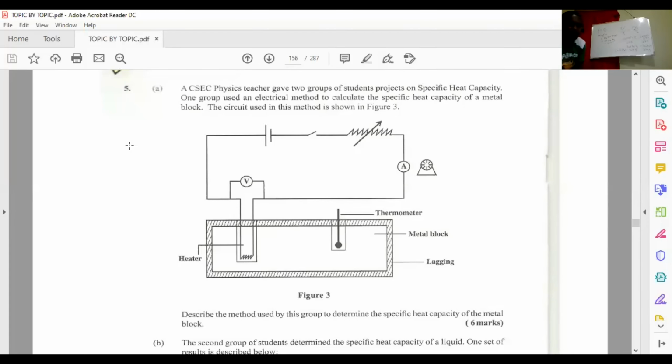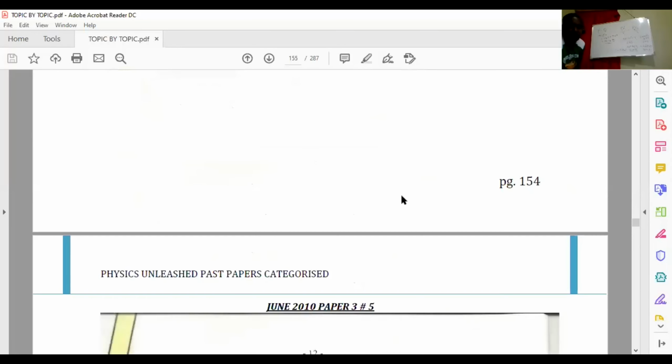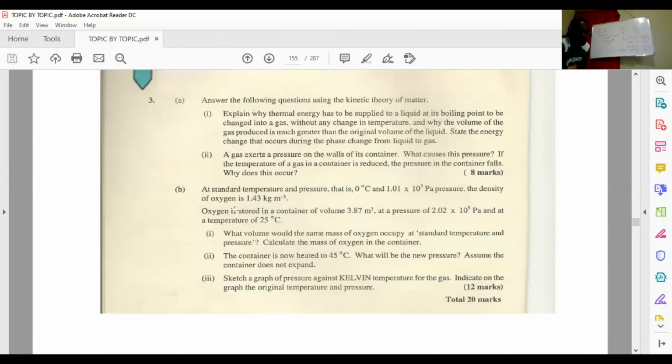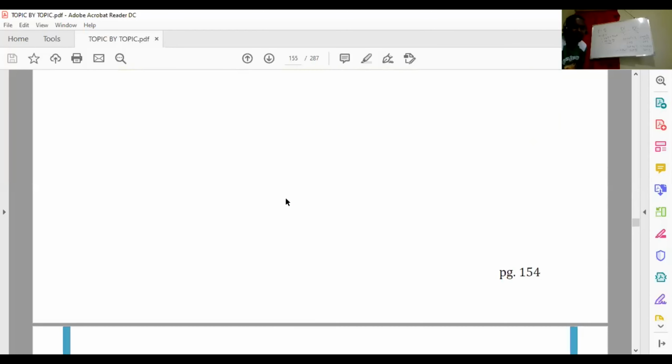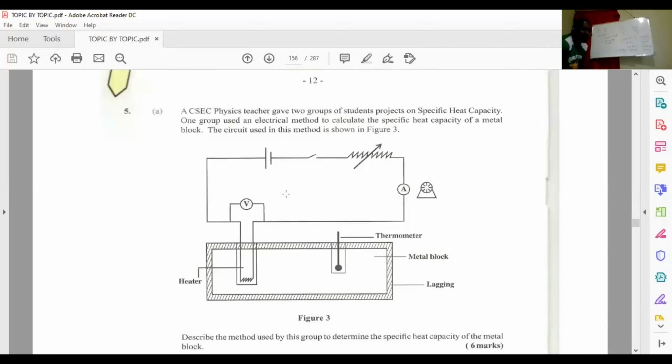All right, so now let's look at this question. The 1.43 was from the question. They gave it in the question: the density of oxygen is 1.43 kilogram per cubic meter. All right, this one says a CXC physics teacher gave two groups of students a project on specific heat capacity.